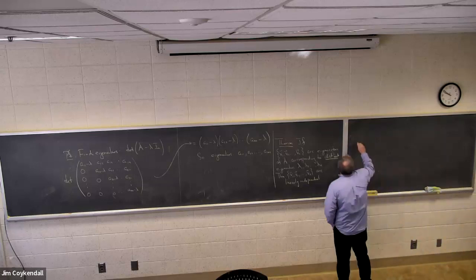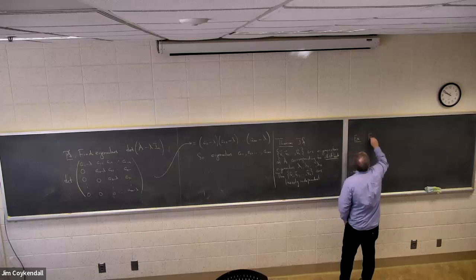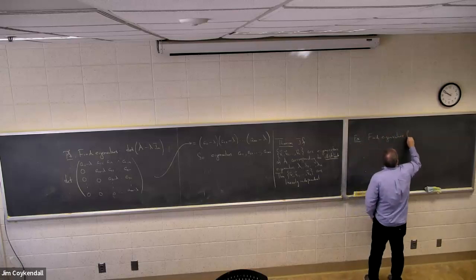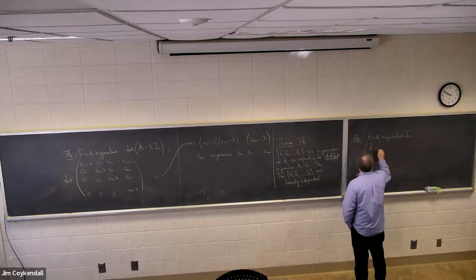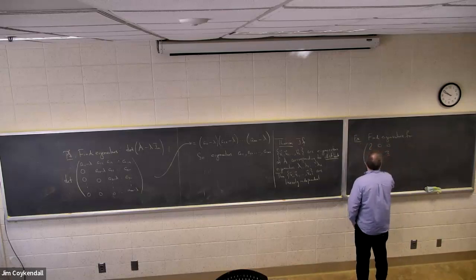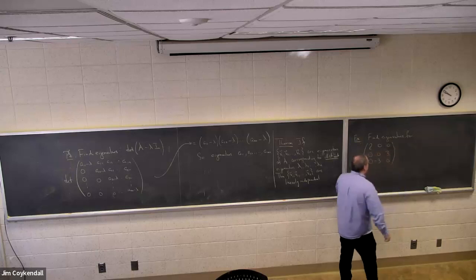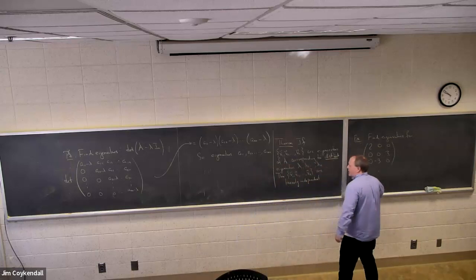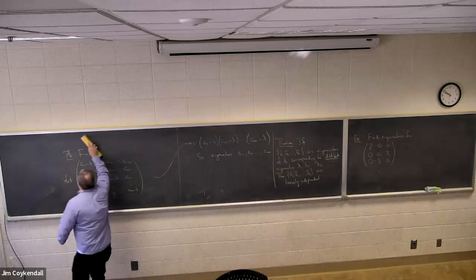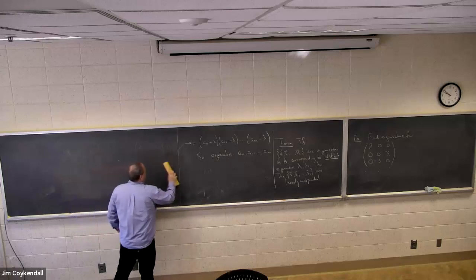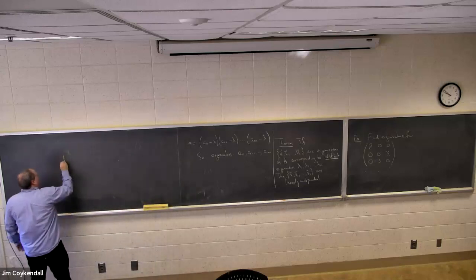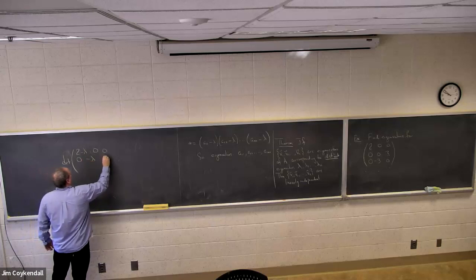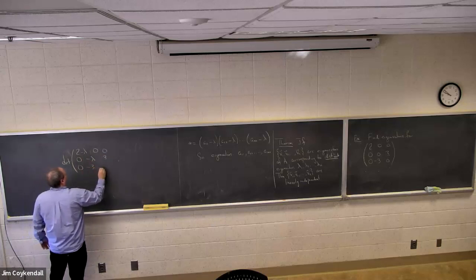We'll do another example here. This is the determinant: 2 minus lambda, 0, 0; 0, minus lambda, 3; 0, minus 3, minus lambda.